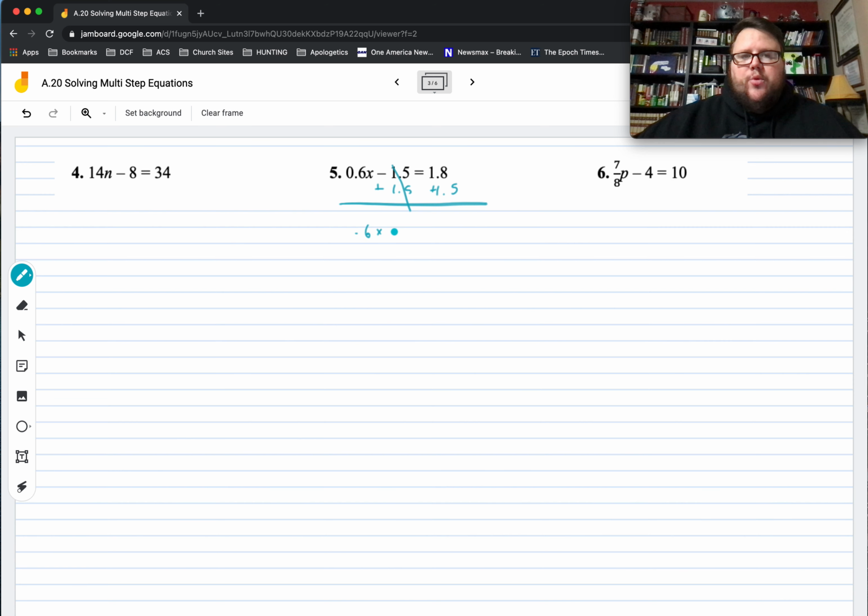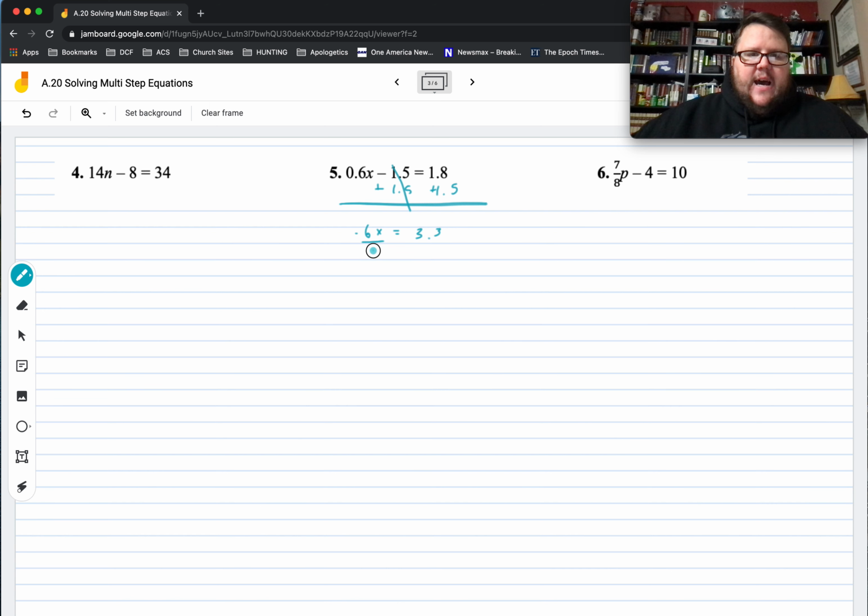You could put 0.6, but mathematicians are kind of lazy. So 1.8 plus 1.5 is going to be 3.3. I said 3.3.